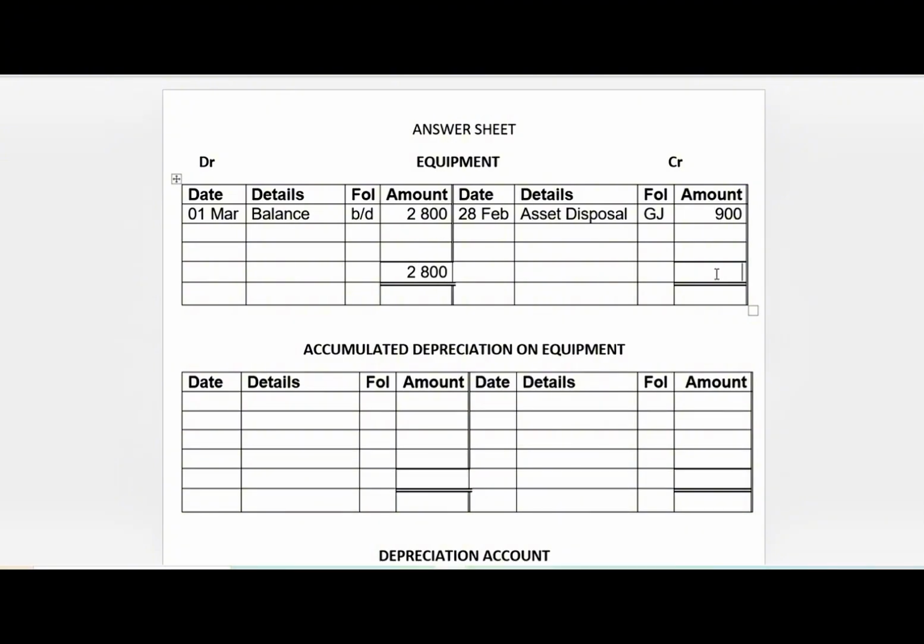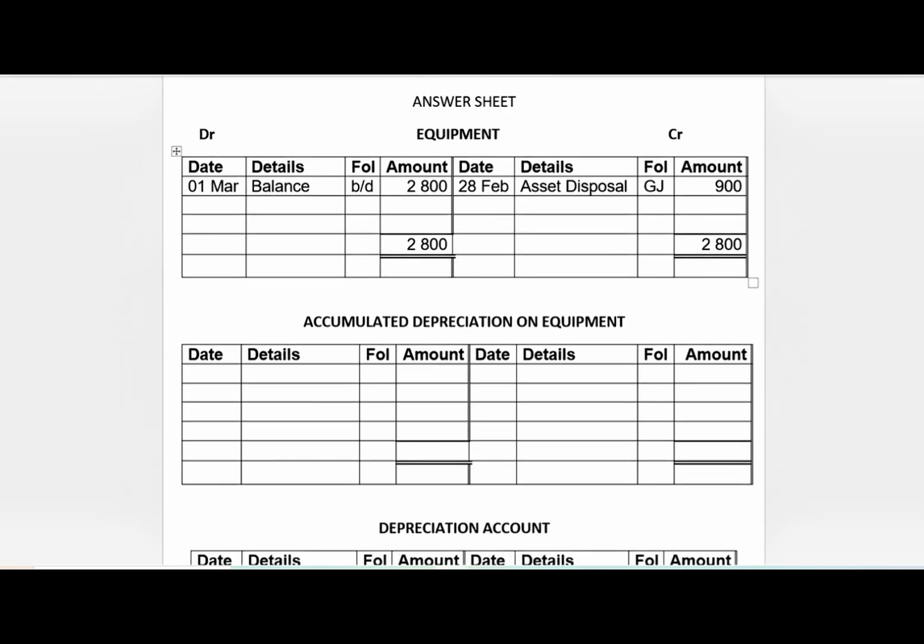Balance there, even this side is going to be 2,800. Okay, and then the difference will be the closing balance. The closing balance there, balance carried down. So on the folio, carry down of how much?